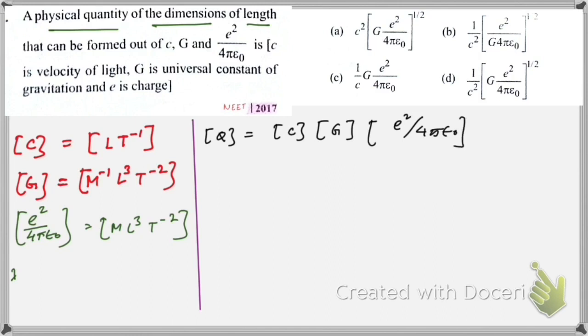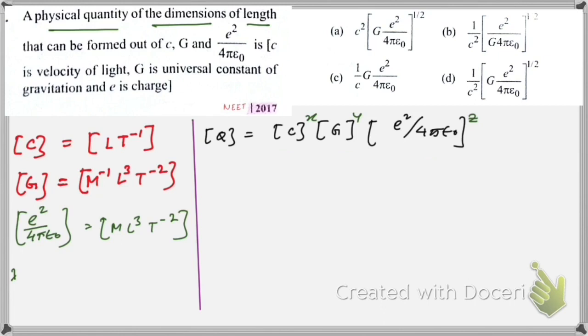Let us consider that Q is equal to C to the power X, G to the power Y, and E square by 4 pi epsilon naught to the power Z, because we don't know how Q is related to these three quantities. That's why we have taken X, Y, Z.